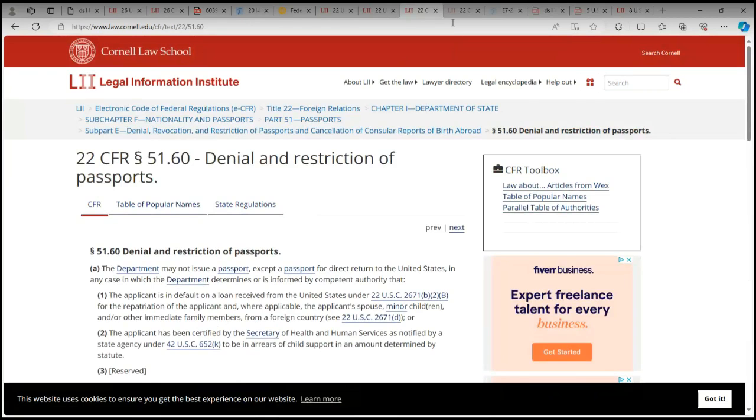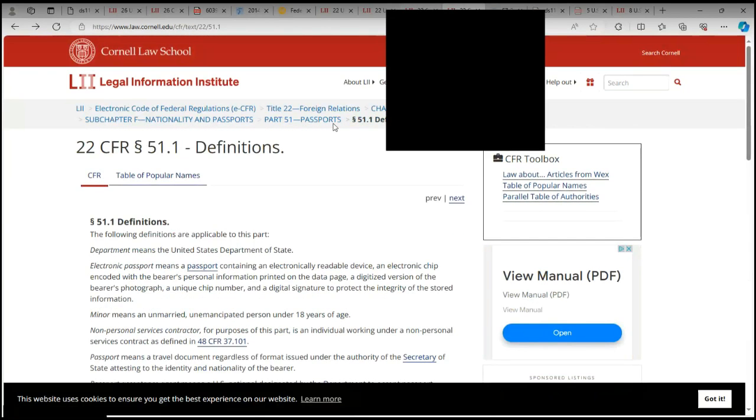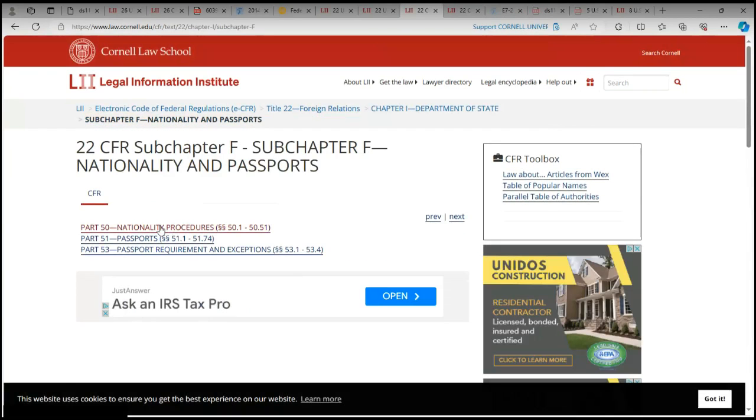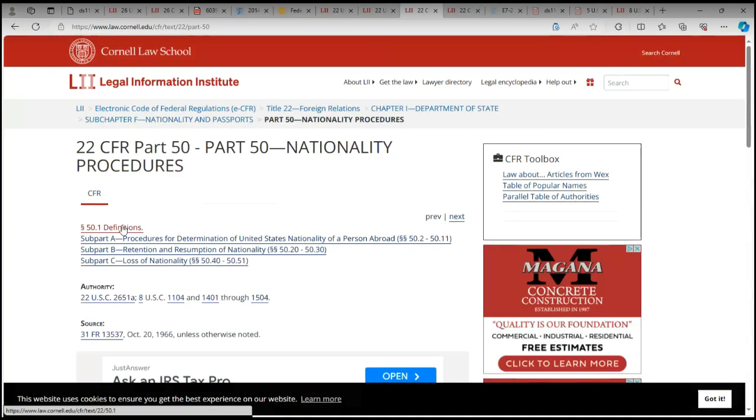I don't have 50 here, so let's look up what Part 50 means and what it is for. Part 50 is nationality procedures: procedures for determining United States nationality of persons abroad. So this would only apply if you're abroad.